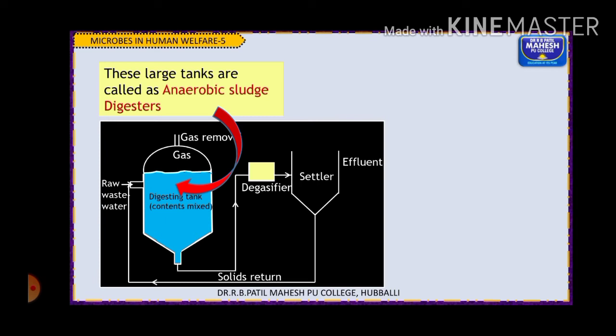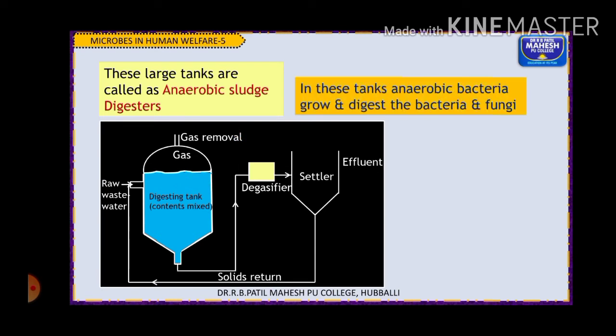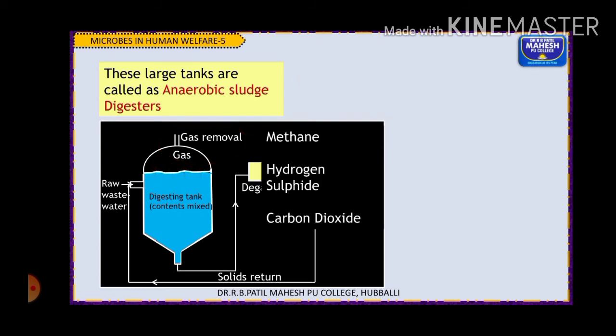So during this digestion, the microorganisms also digest the organic matter present in it into soluble substances. Okay, and during the process, because of this decomposition, you can see that a mixture of gases is being produced, such as methane, hydrogen sulfide and carbon dioxide.